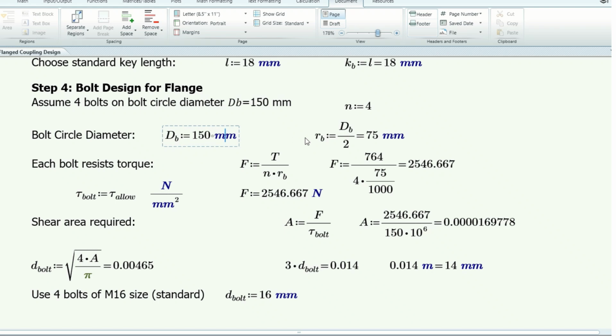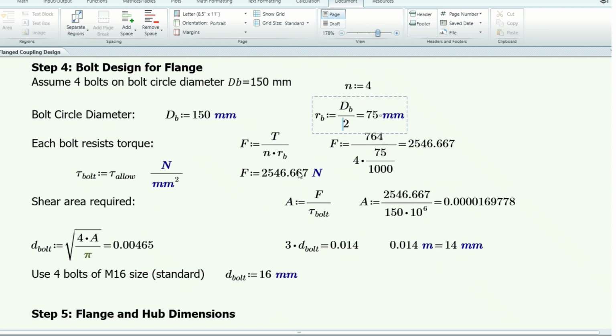So 150 mm, and the diameter divided by 2 is the radius of the pitch circle. Then this is the formula for each bolt resists a particular torque beyond which it will fail. So that is the point at which it's going to fail. We are going to find out at that point what bolt we can select with the maximum factor of safety also.